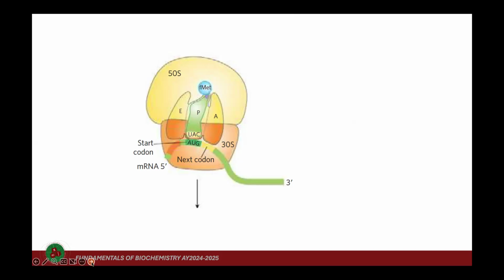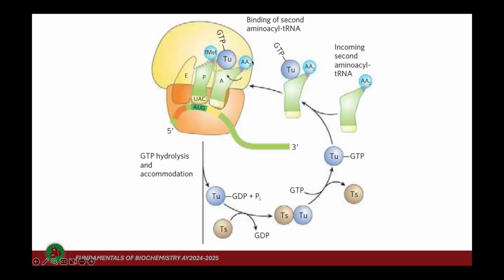So the A site will now look for the tRNA that has the anticodon complementary to the second codon, the one after the start codon, AUG. So this tRNA has a bound protein called TU.